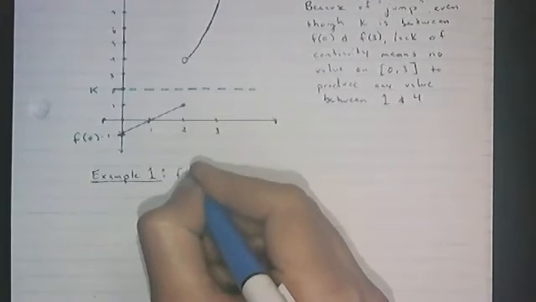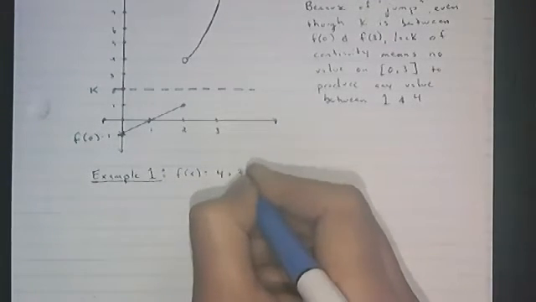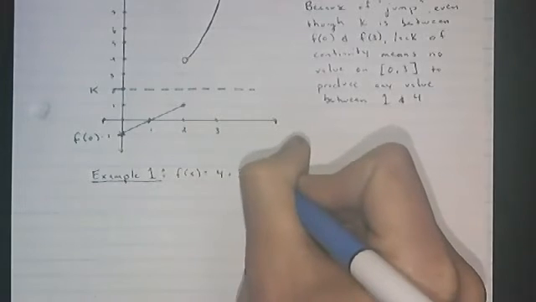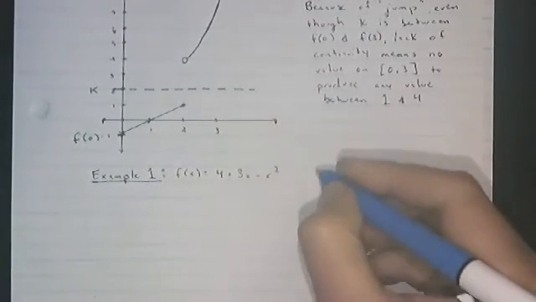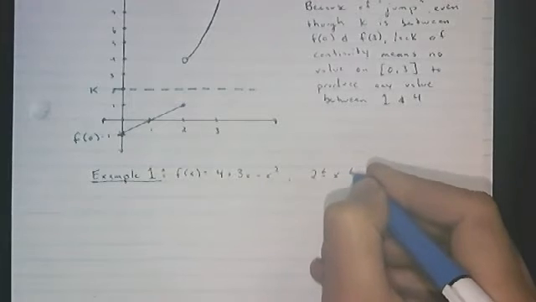We're going to let f of x be 4 plus 3x minus x squared, quadratic guy. And we're going to be considering the interval between 2 and 5.